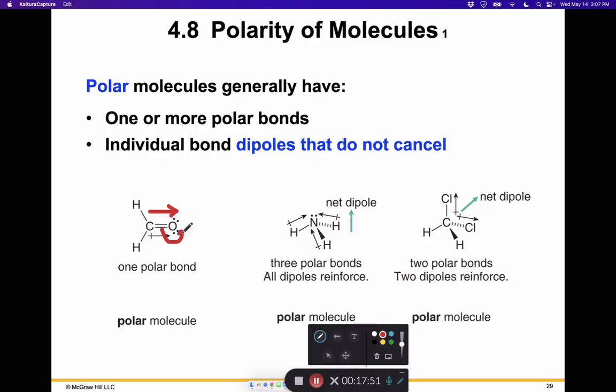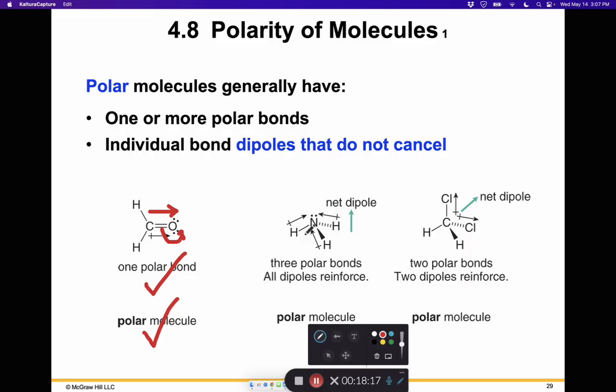When it is pulling more, we have one polar bond, and it is a polar molecule. If you want to go by the numbers, oxygen is 3.5, carbon is 2.5, the difference is 1. If the difference is 1, we have a polar bond here. So we have one polar bond, it means we have a polar molecule, right?